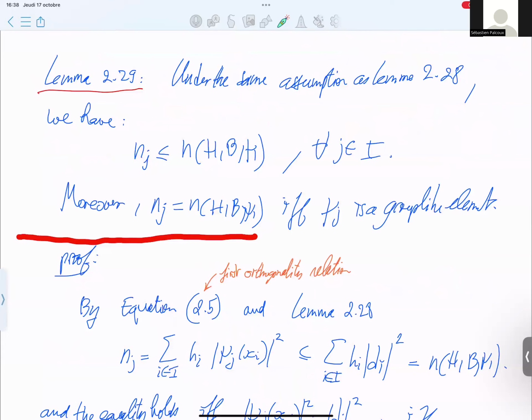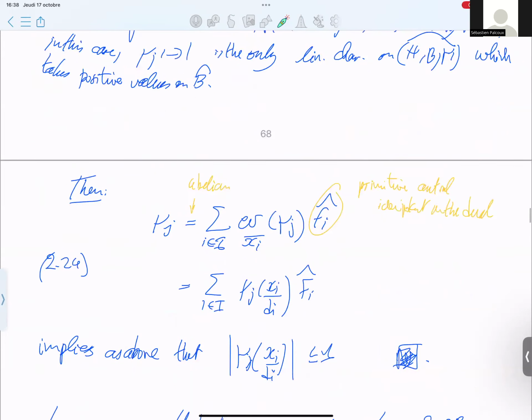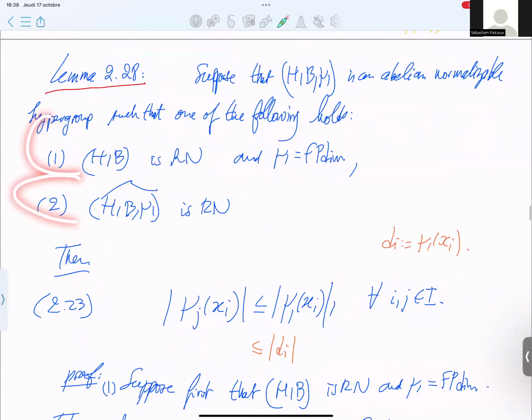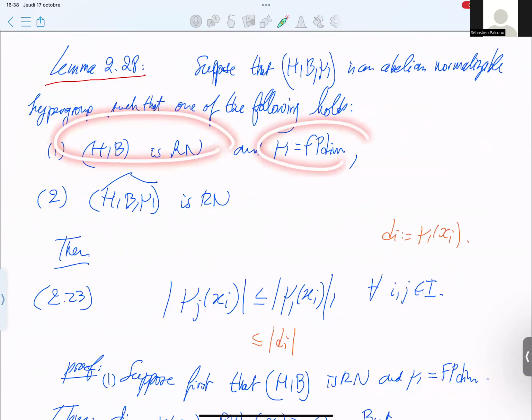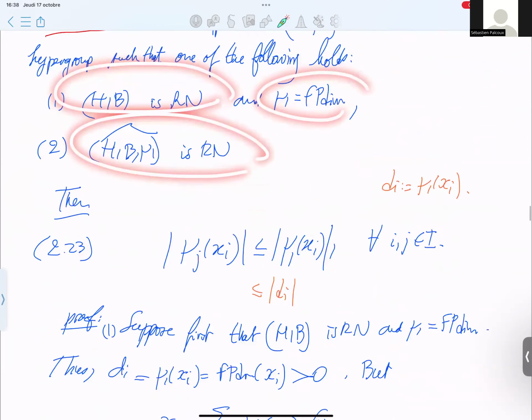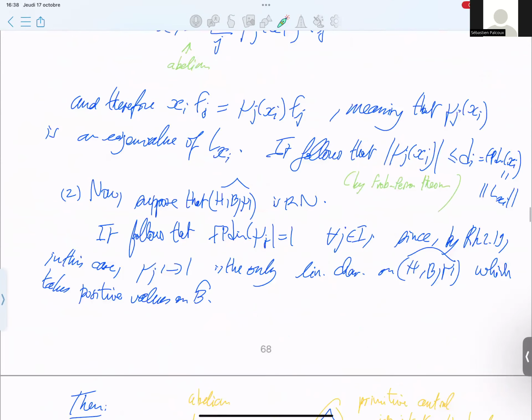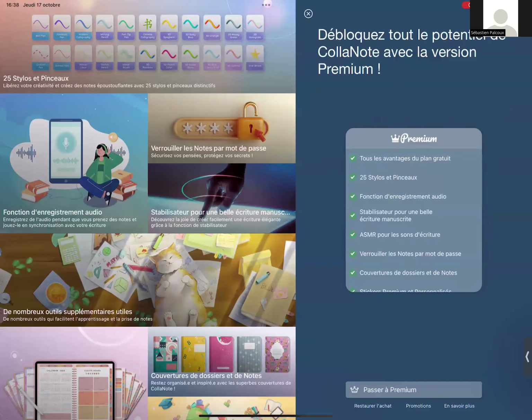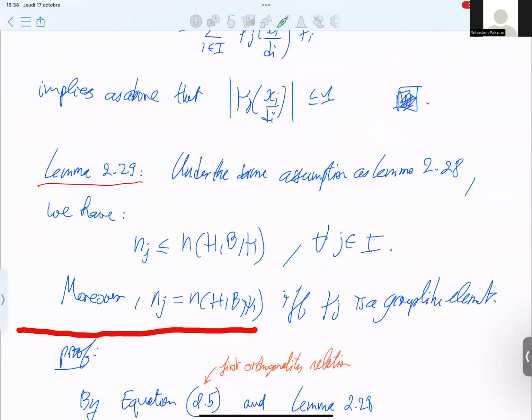Okay, so under the same assumption as before, so this or this, real non-negative on the hypergroup or real non-negative on the dual, we can prove that the formal category is less than the order, and it is equal if and only if the element is group-like, exactly what I expected.